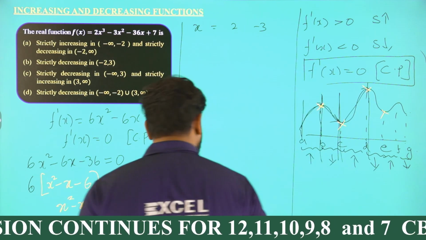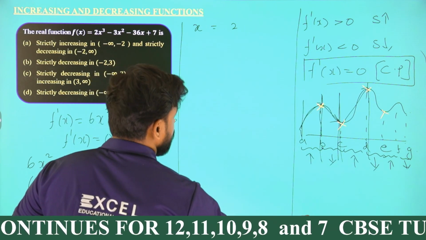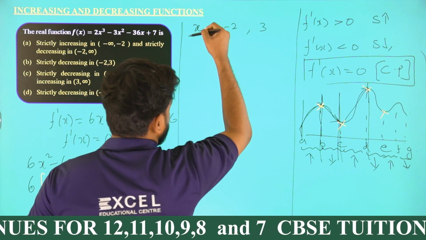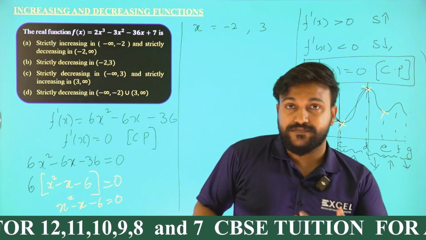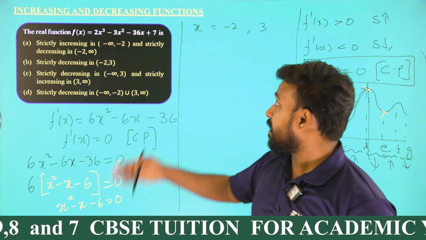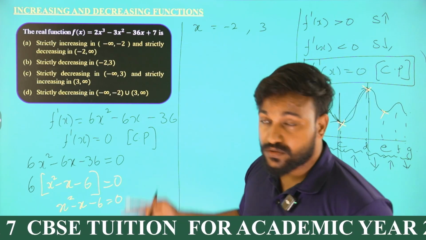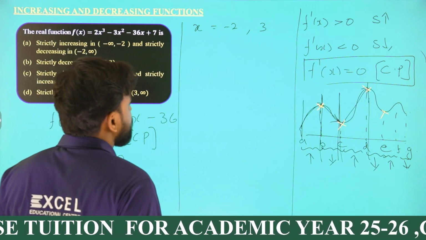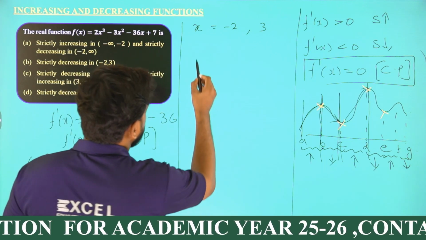So we have to invert the sign. So you will get the solution as minus 2 and 3. You can use the quadratic formula also to solve this. I'm just directly doing it because we all know how to solve that. So x is equal to minus 2 and 3. So you have two critical points.